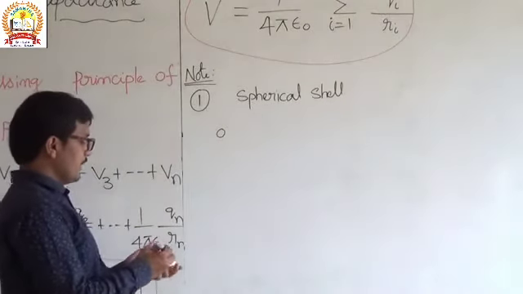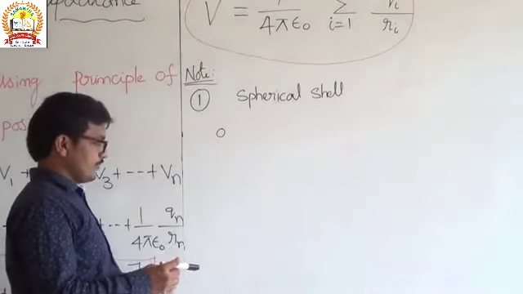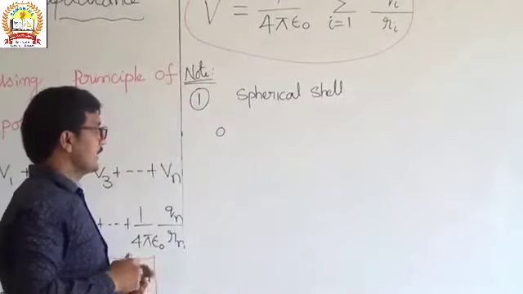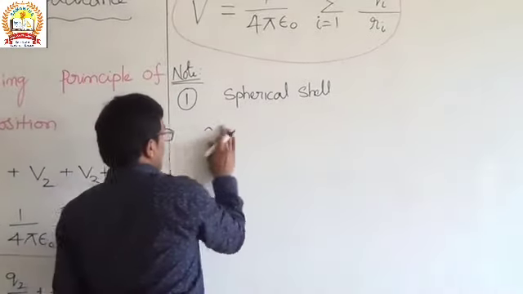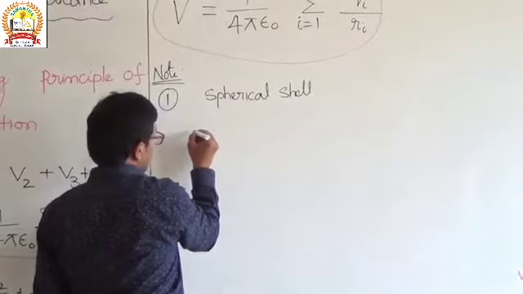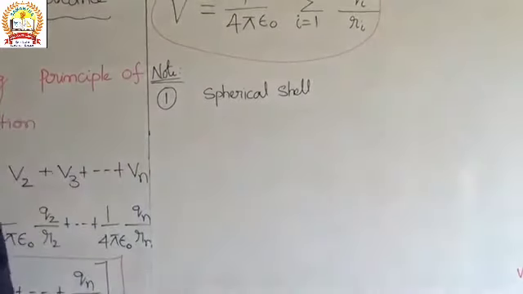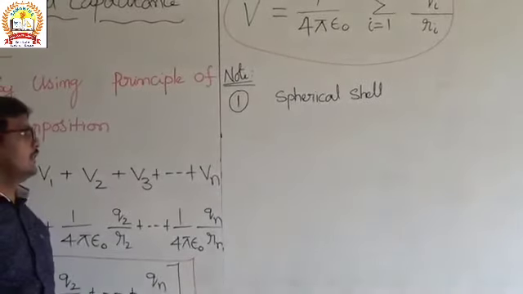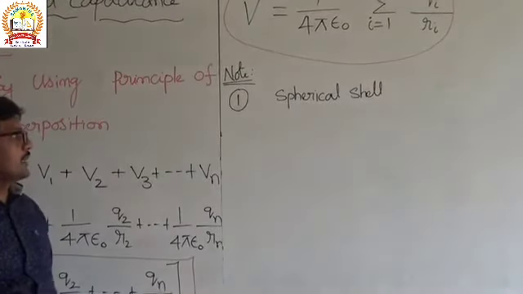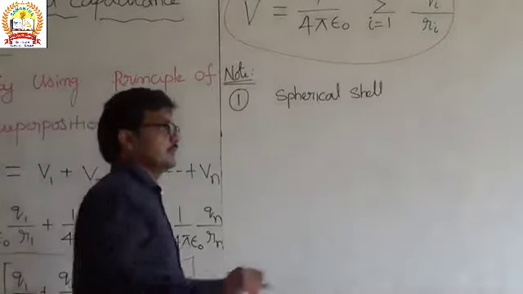So the electric field on the surface of the spherical shell, we write that E is equal to 1 by 4 pi epsilon naught q by r square. That is the electric field due to the spherical shell on the surface.